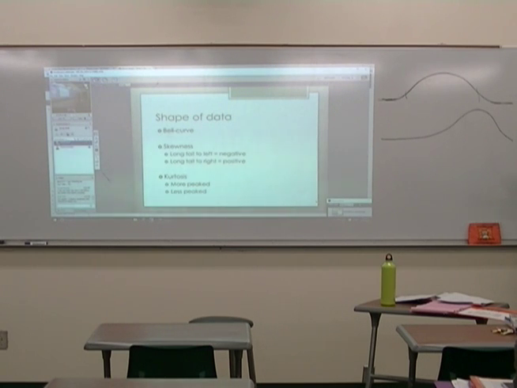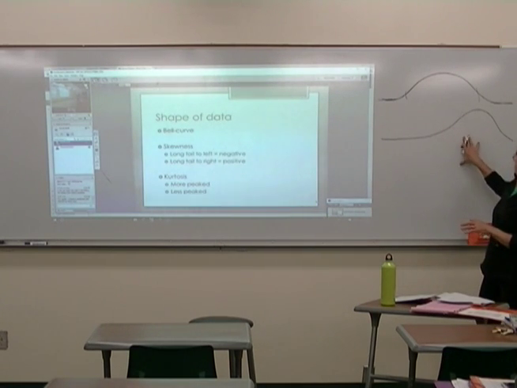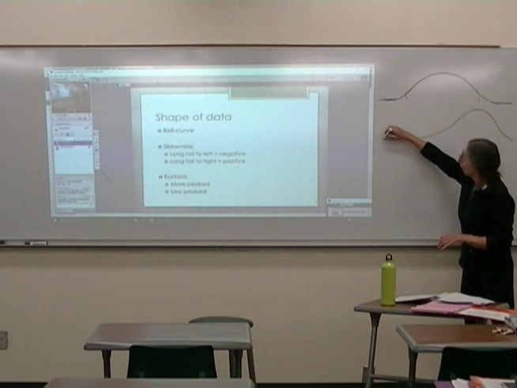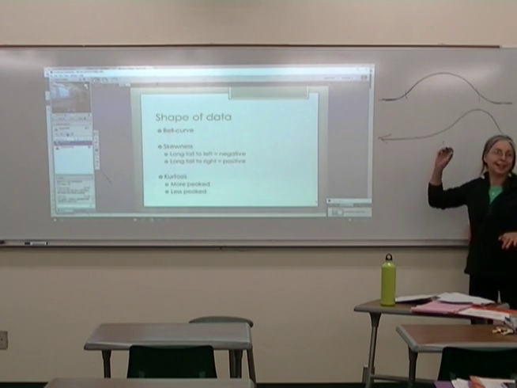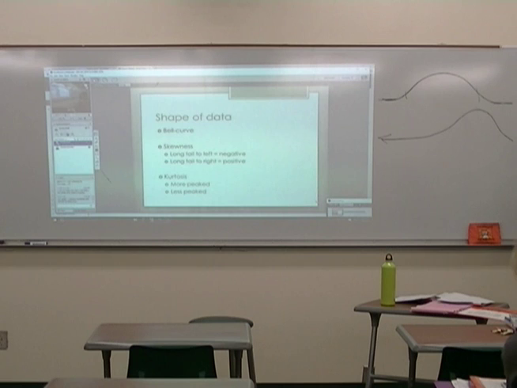Now, I used to have a huge phobia when it came to data shape. It took me forever. I would want to say that this was positive skew because the main part of the data was on the positive side of the graph, right? I had that in my head and it took me years to go, no, that's not right. This is a negative skew because the tail of the data points in the negative direction on an x-axis.